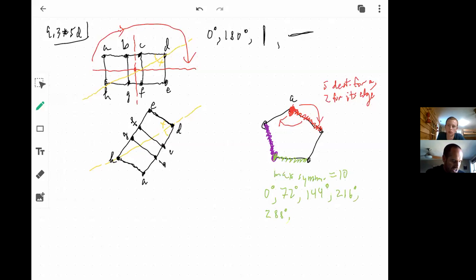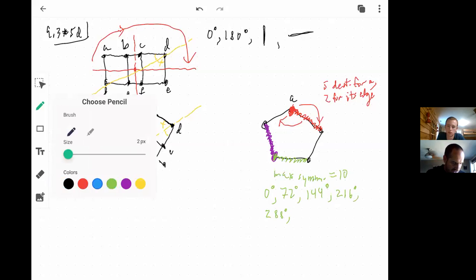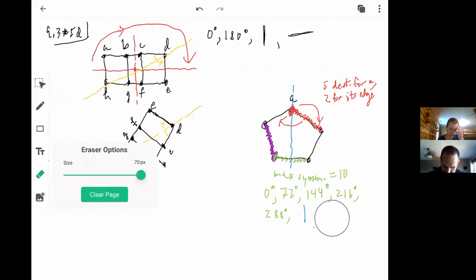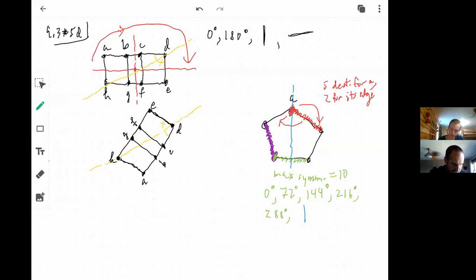But then you also have all these weird reflections, where you go through a vertex and an edge. How many vertex edge pairs are there? 5. You have this one, you have this one, you have this one. Or wait, yeah. Oops, I missed one. Okay, you have the vertical one.